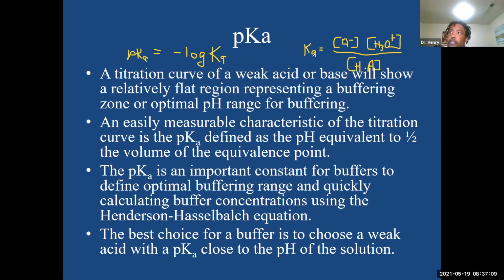If we take the log of both sides, we get minus log of A minus times the hydronium ion over the concentration of our acid.